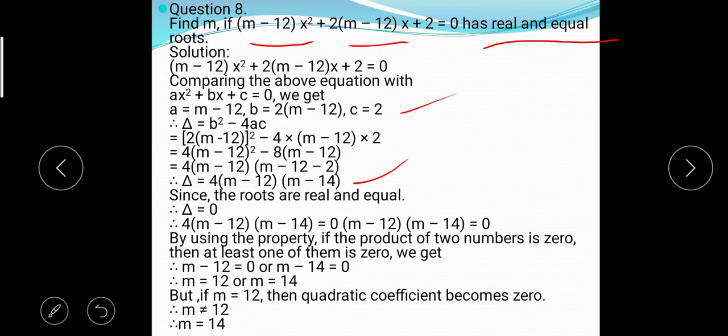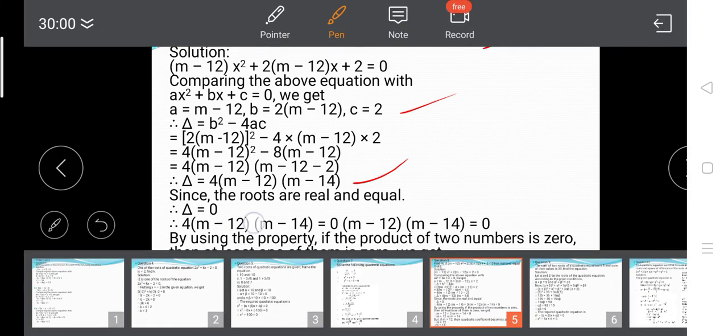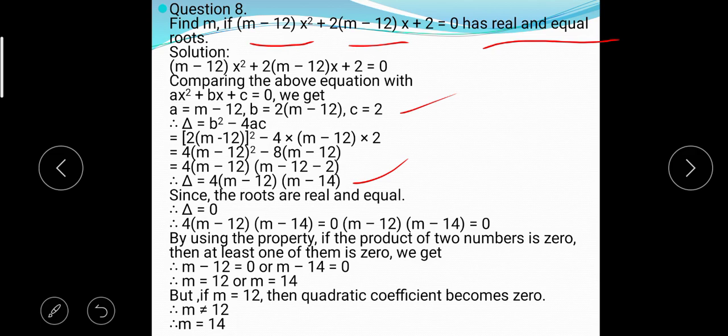Since the roots are real and equal, your discriminant is 0, your delta is 0. Okay, and therefore from this equation you can write all this is equal to 0, and after solving you will get m minus 12 in one bracket and another bracket m minus 14 is equal to 0.